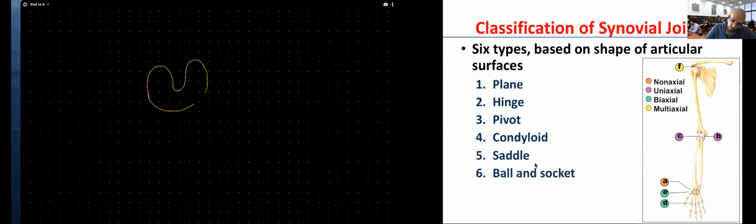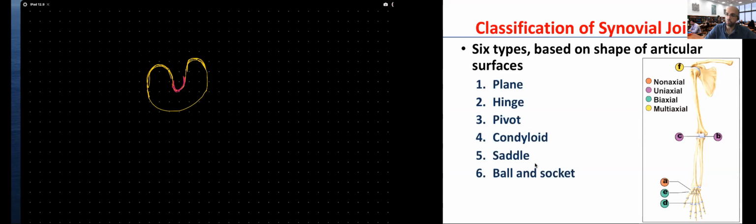All right, another type of synovial joints that we've seen, it's more complex than the condyloid joints, in which the articulating surfaces, each of them has convex sides and concave sides.